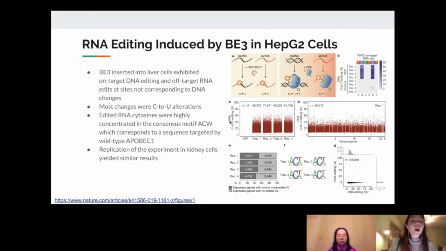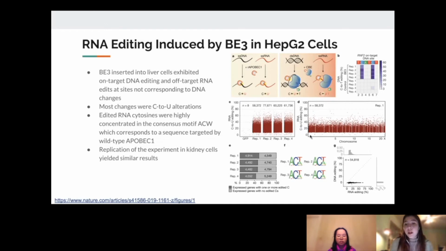And we can see that the RNA C-to-U editing is very low. These 4 columns on the right are 4 different trials of the same conversion, where the cells were transformed with BE3 that did contain R-ApoB-C1. And in all 4 of these replicated experiments, we get very high C-to-U editing.